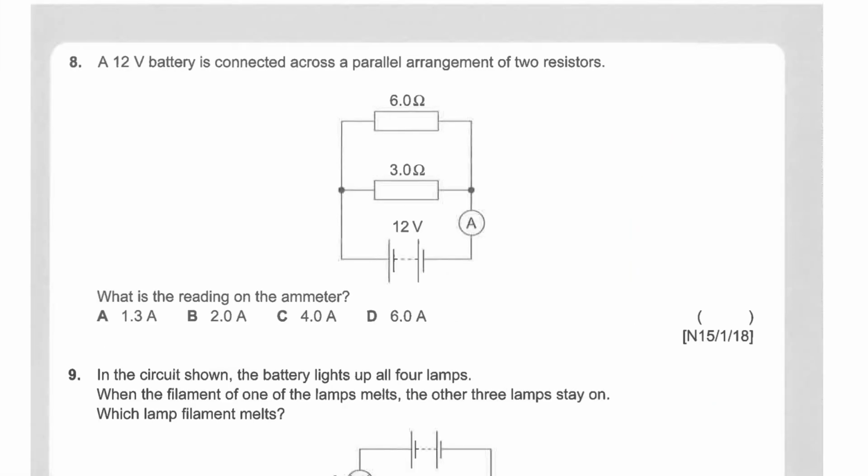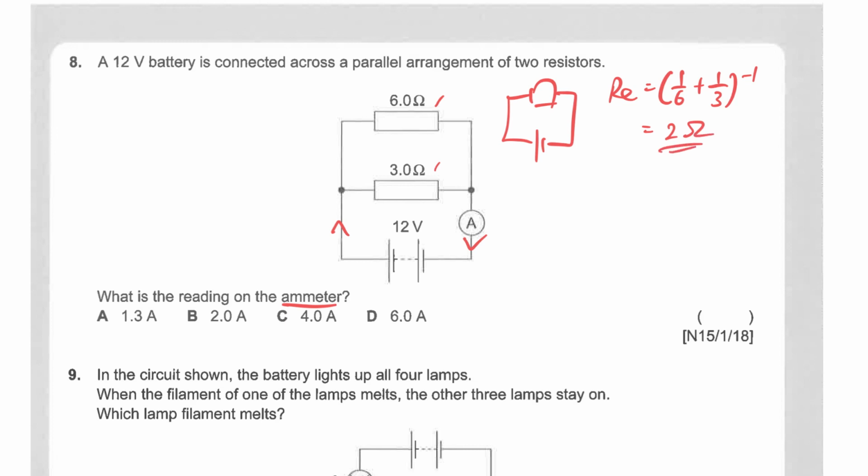Next, for question number 8 here, there are 2 ways, and let me just show you the easier way. If I want to find the current in the ammeter, that is basically the main current. So the first step is to find the total effective resistance for the 6 ohms and the 3 ohms connected in parallel. So Re equals (1/6 + 1/3) to the power minus 1, and if you work it out, it will be 2 ohms.